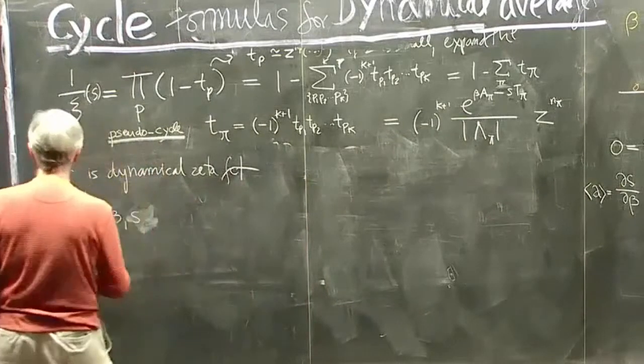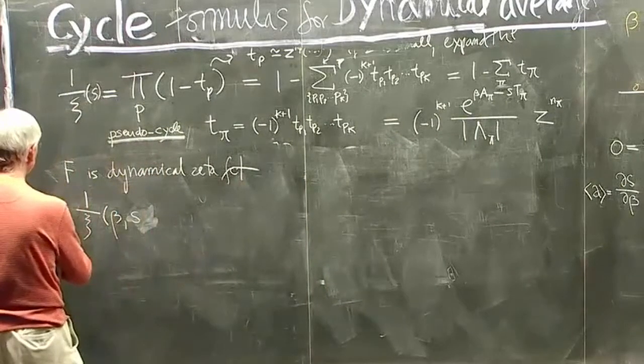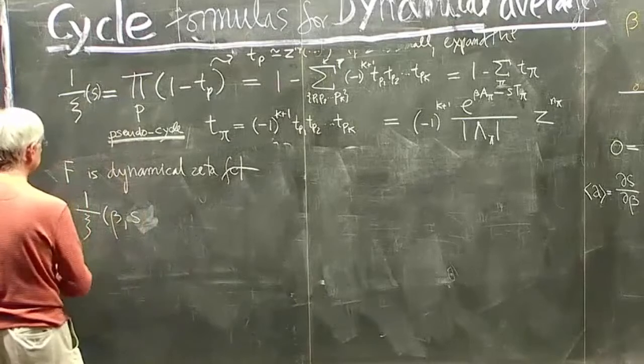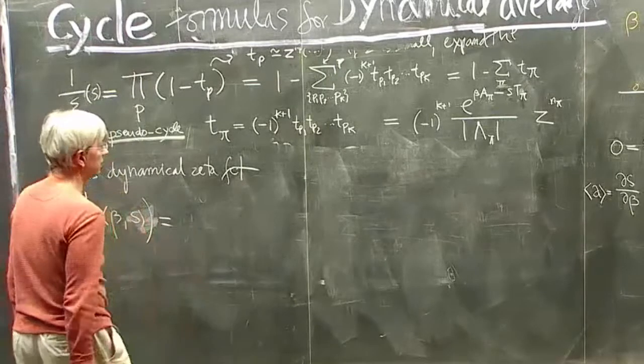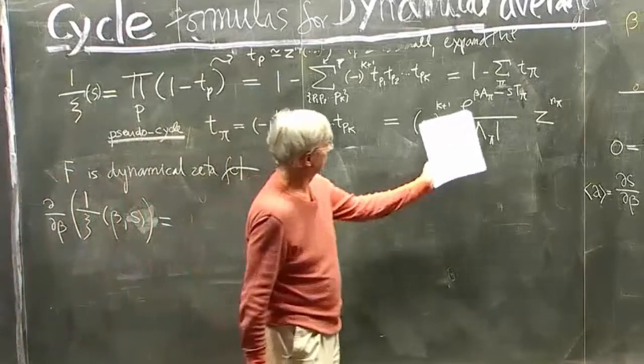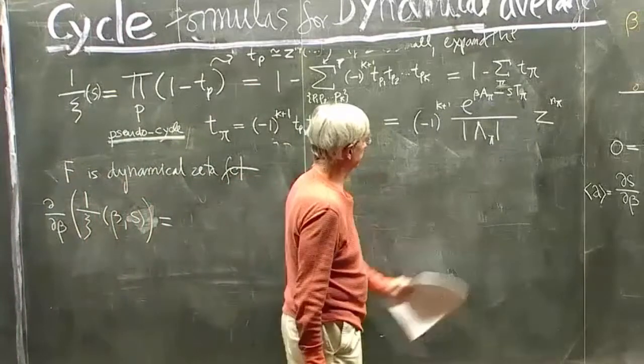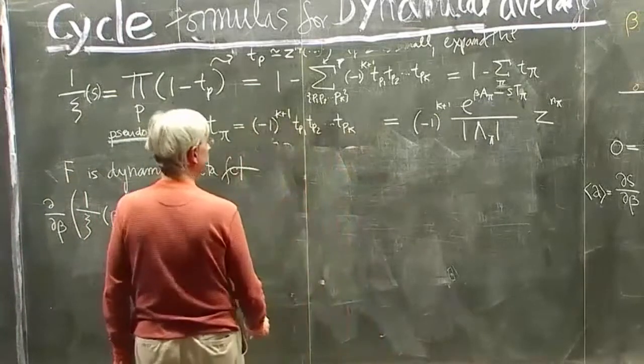And now what are these partial derivatives? So if I take d/d beta of just partial, the only dependence on beta is in A_p.